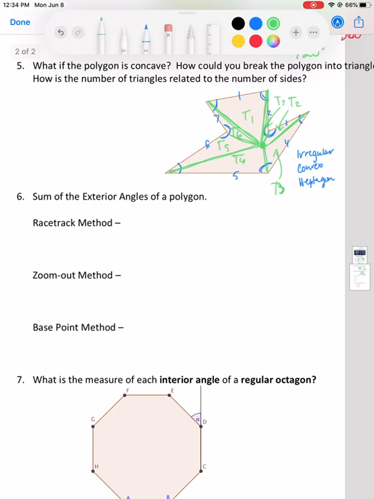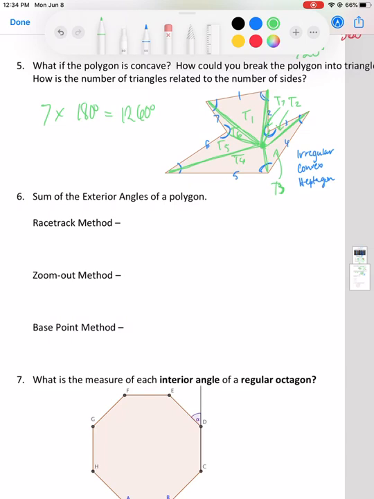So I have 7 triangles, which is good. 7 times 180 degrees is equal to 1260.